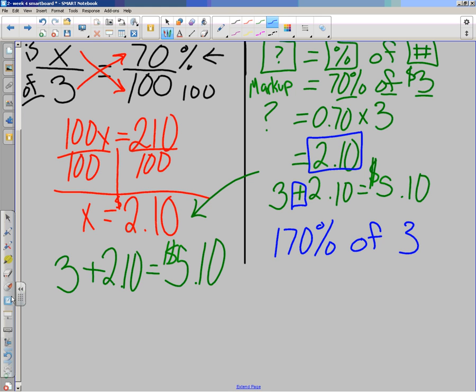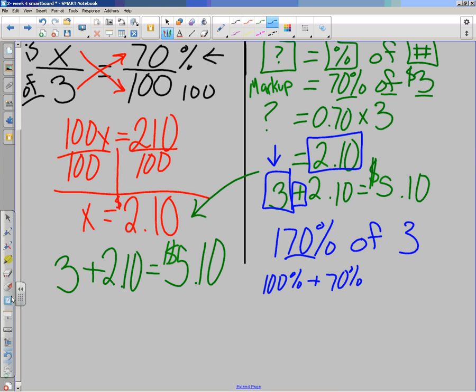By making this 170%, I am taking into account the initial cost of the shirt. That's like my whole, my 100%. And then I'm adding to that the 70% markup. So the customer is paying 100% of the cost of the shirt plus 70% of the cost of the shirt. That's where we get 170% of 3.